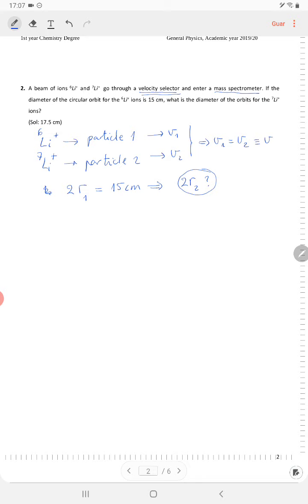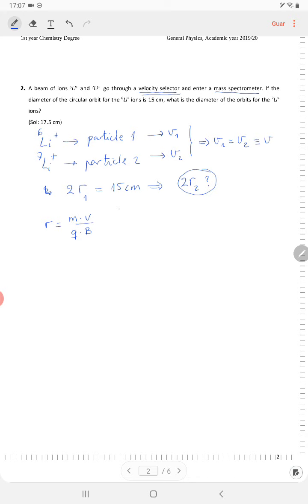The easiest way here is to remember that once they enter the mass spectrometer, they're going to display a circular path with a radius equal to their mass times their speed divided by their charge and the magnetic field used in both.